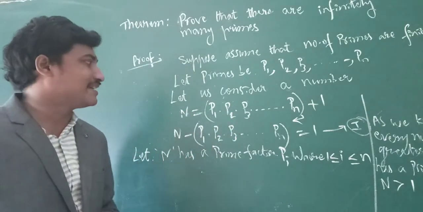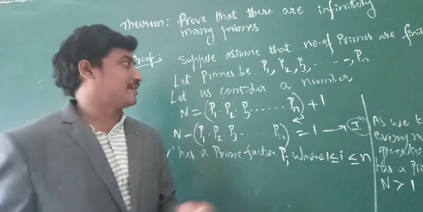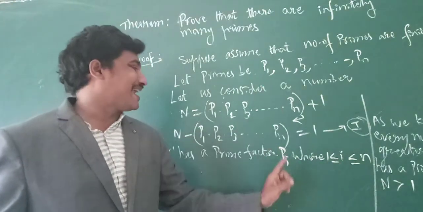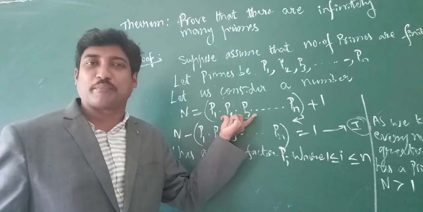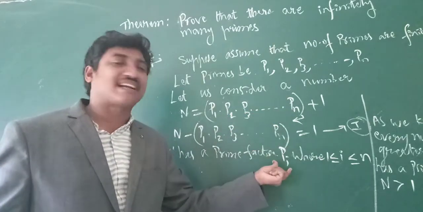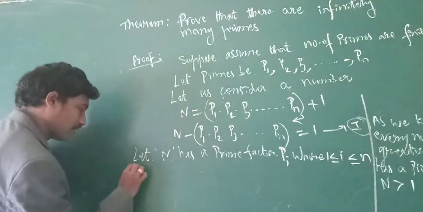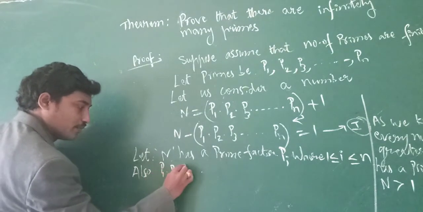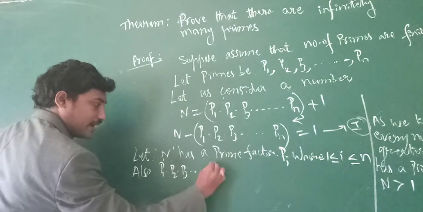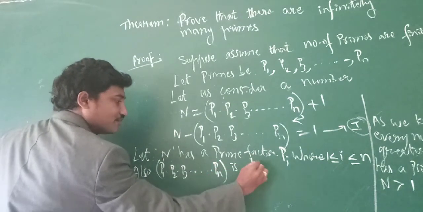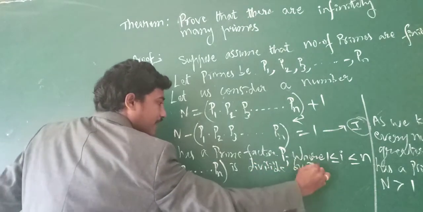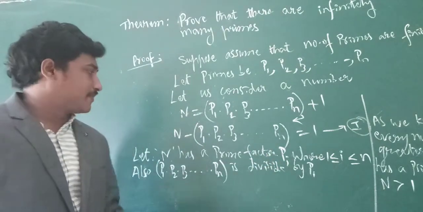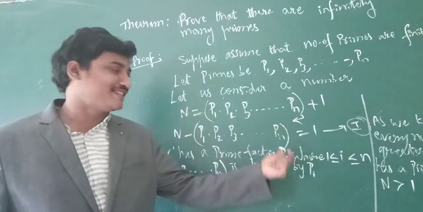As i is between 1 and n, including 1 and n, the product P1 into P2 into P3 and so on Pn is exactly divisible by Pi. Also N is divisible by Pi.